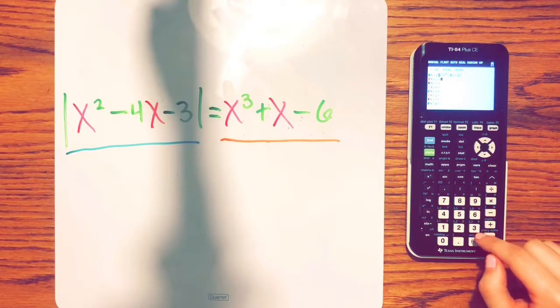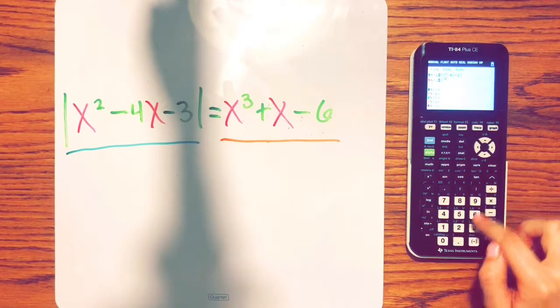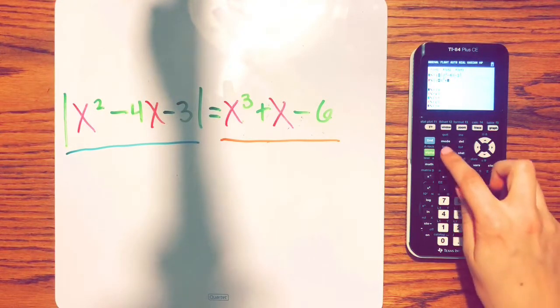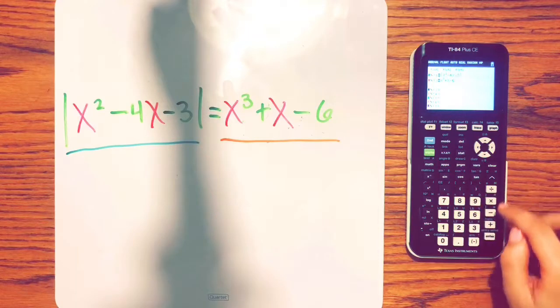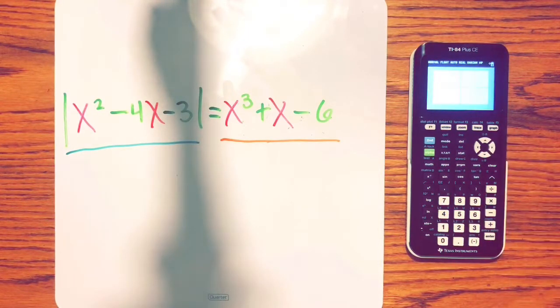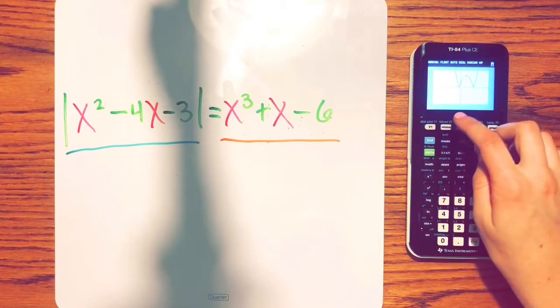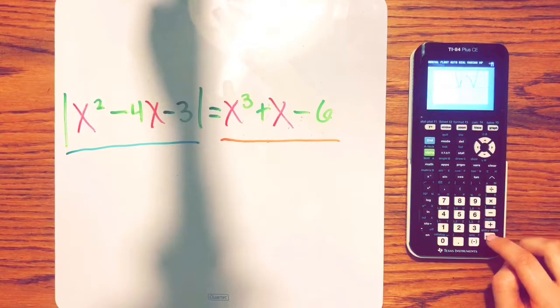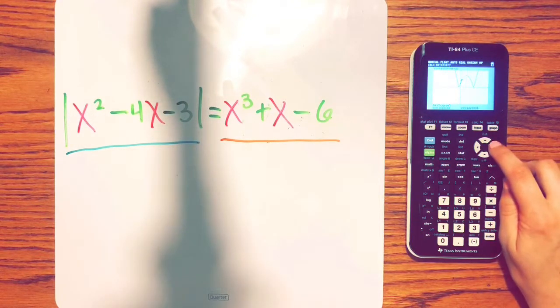Once you have entered both parts of the equation, you may hit the graph button in the top right corner of your calculator. By hitting the graph button, it will graph your equations for you. You may then hit second calc on your calculator and enter 5.